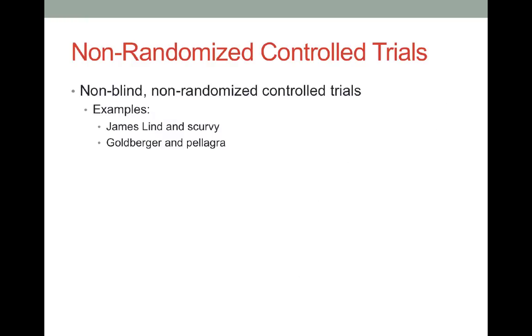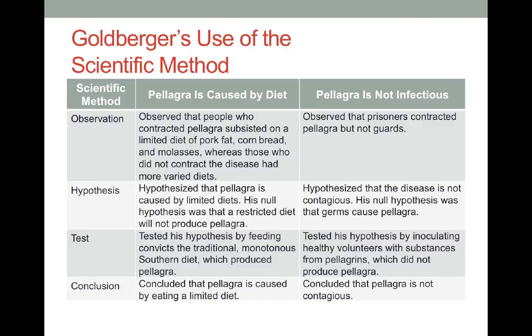There are also non-randomized controlled trials. Someone would conduct this kind of study if there was a reason not to randomize, or if you want to gather information about a certain type of population. So let's take the Goldberger and Pellagra study as an example of this. Goldberger observed that people who contracted pellagra subsisted on a limited diet of pork fat, cornbread, and molasses, whereas those who didn't contract it had much more varied diets.